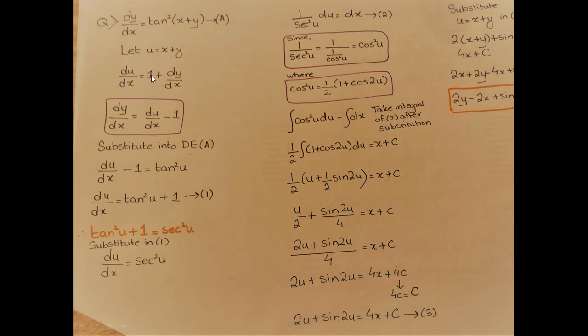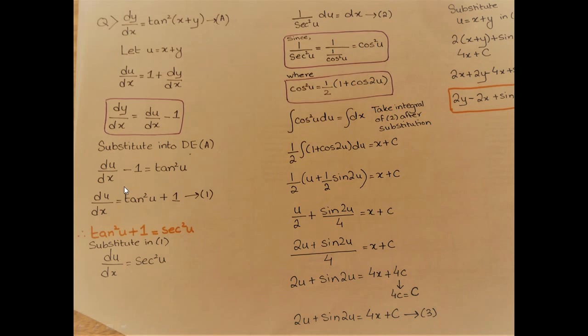So taking the derivative of this u is equal to x plus y, I will get this, rearrange this equation, and you will get dy by dx is equal to du by dx minus 1. Now I will substitute this dy by dx and this u in this equation a, and you will get du by dx minus 1 is equal to tan square u.